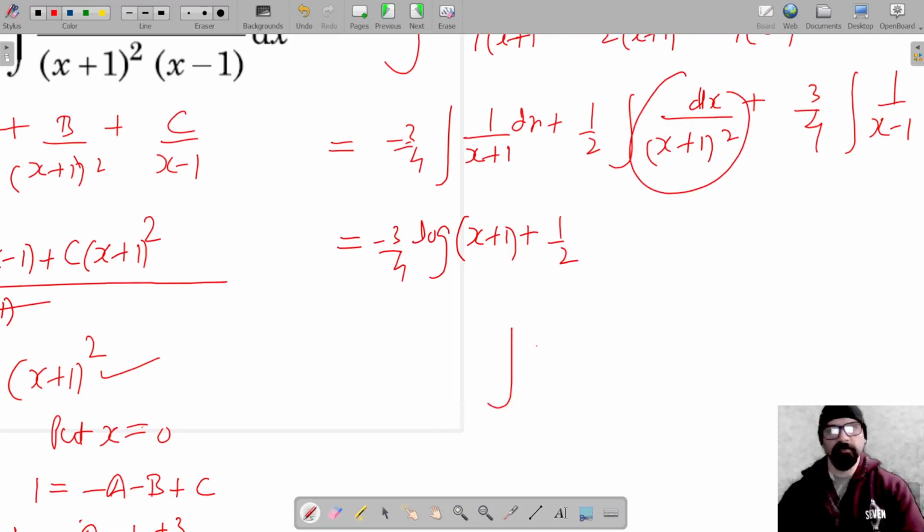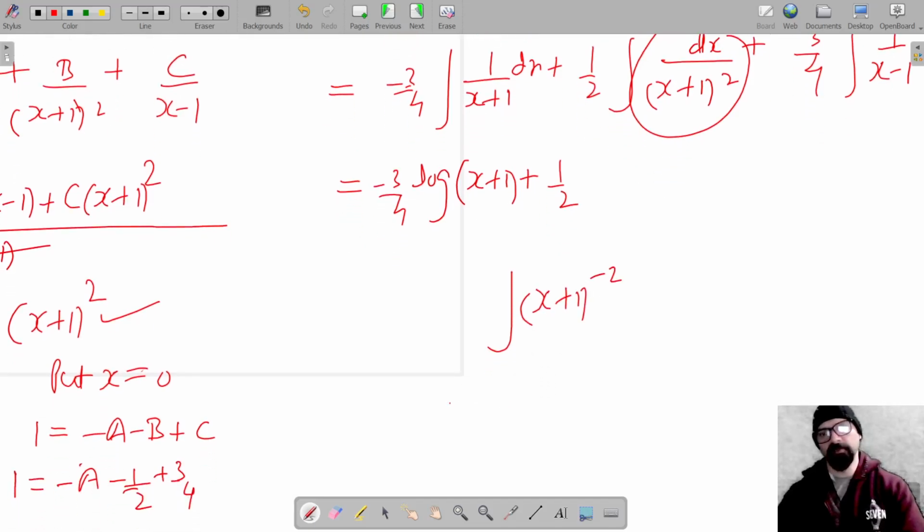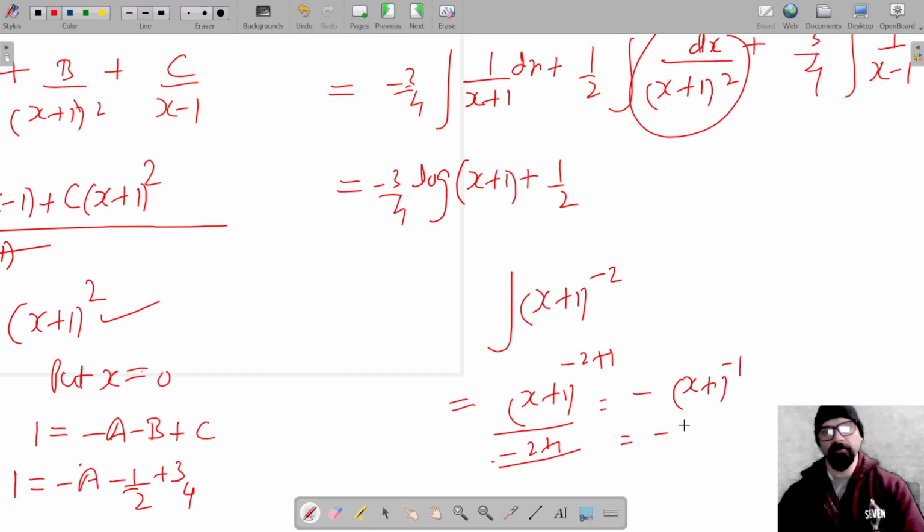I can write it as x plus 1 raised power negative 2. So integration of this is x plus 1 raised power negative 2 plus 1 upon negative 2 plus 1, which is negative 1, so negative 1 upon x plus 1.